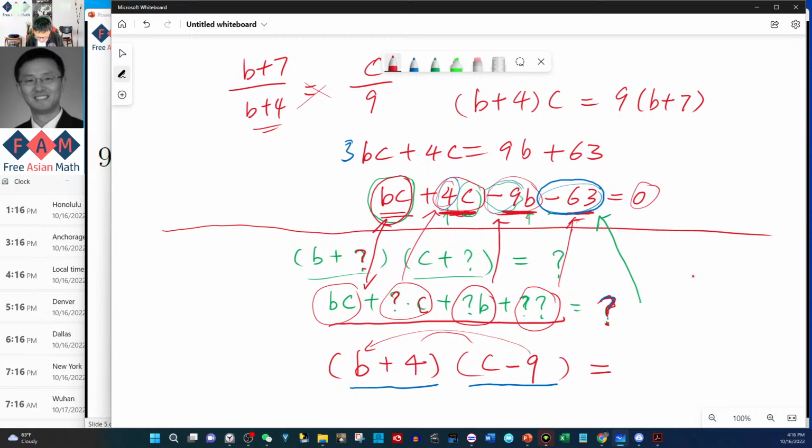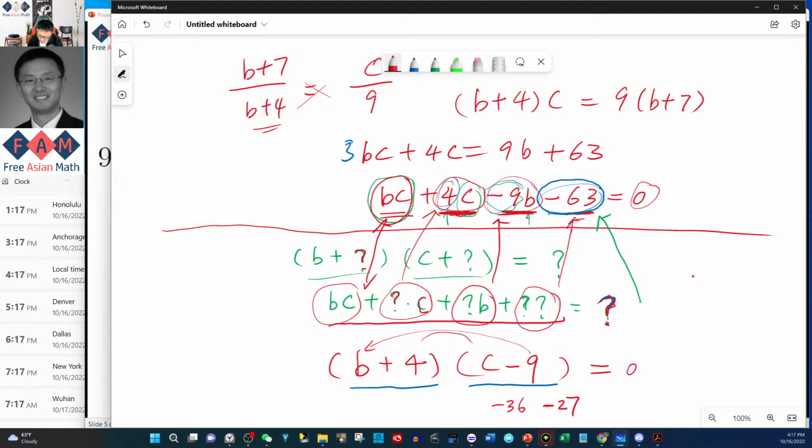We know bc matches bc, 4c matches 4c, negative 9b matches negative 9b, but here is just negative 36, right? Originally it has negative 63, so we have to subtract another 27 here to be exactly the same as the original equation.